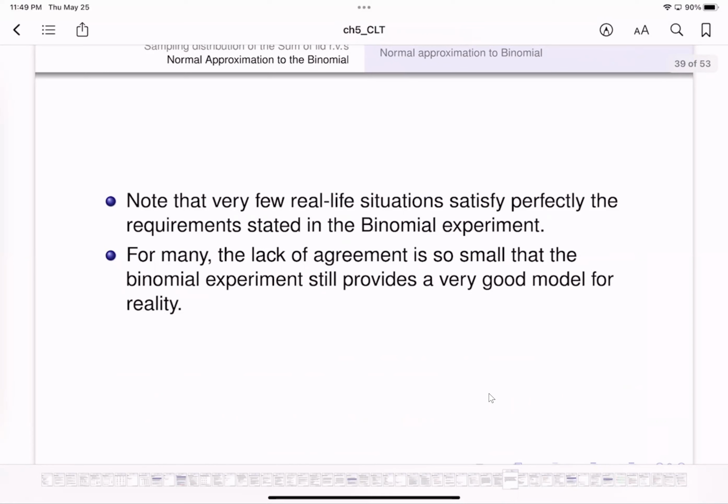But if we have a finite population, and after you select one person, that person cannot be selected again, then the chance of the next person being selected compared to the first person may not be exactly the same when we have a small finite population. But if the population size is large enough, then the binomial would still provide a good approximation for the model.